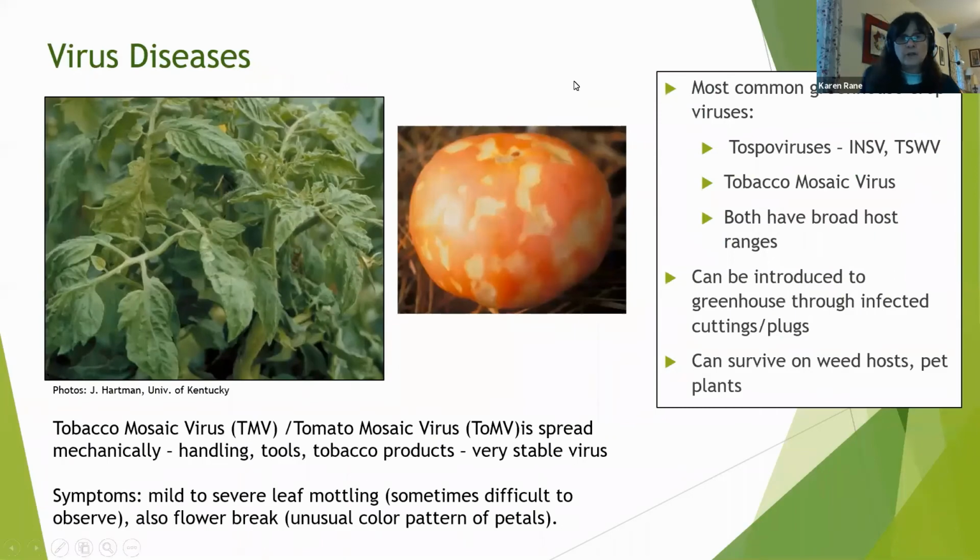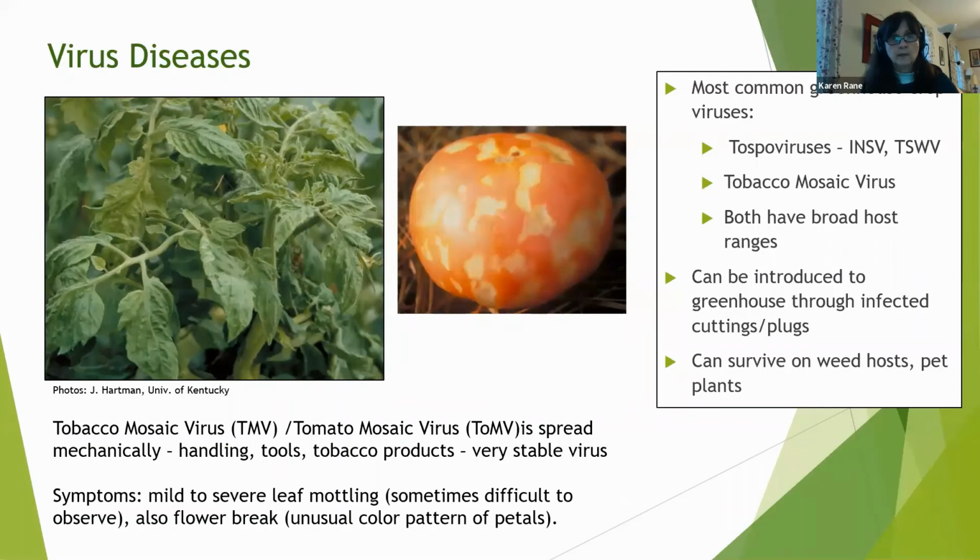And then we have virus diseases, and these are less common in greenhouse production, but they do occur, and they can be quite devastating when they do show up. One of the most common virus diseases we see is tobacco mosaic virus, which is why we always say that nobody should be using tobacco products in a greenhouse, because this is a very stable virus and it can be introduced to the greenhouse on tobacco products.